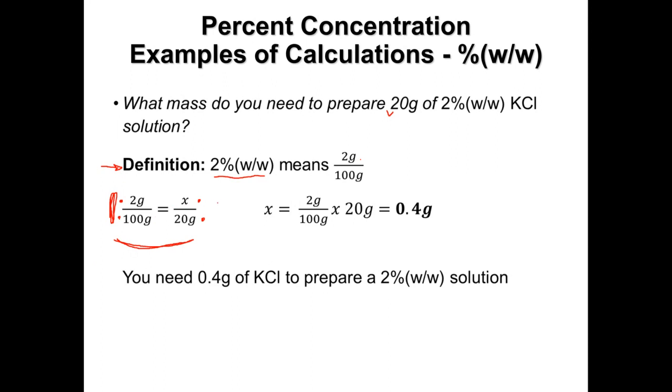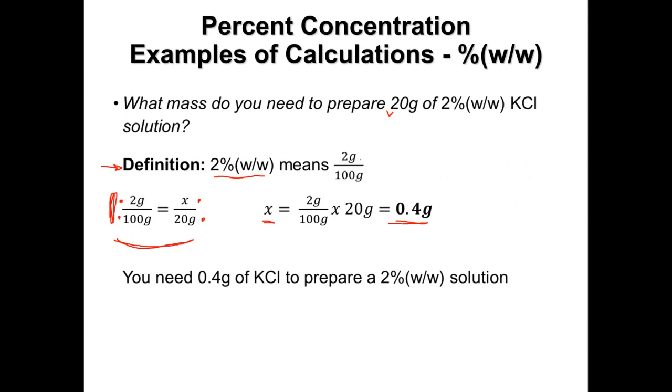So if you need 2 grams per 100 grams, how many grams would you need of solute per 20 grams? If you solve this one-variable equation, you find that you will need 0.4 grams of solute, which makes sense. 20 grams are 1/5 of 100 grams, so 0.4 grams are 1/5 of 2 grams.